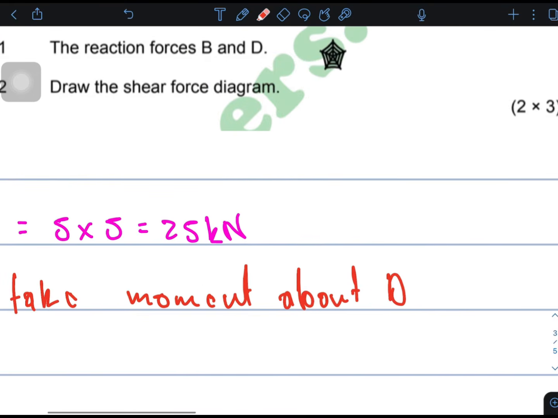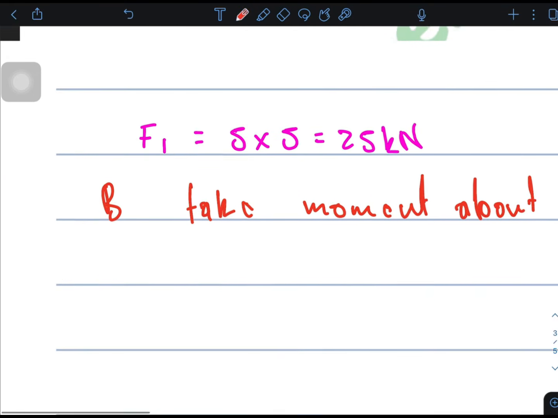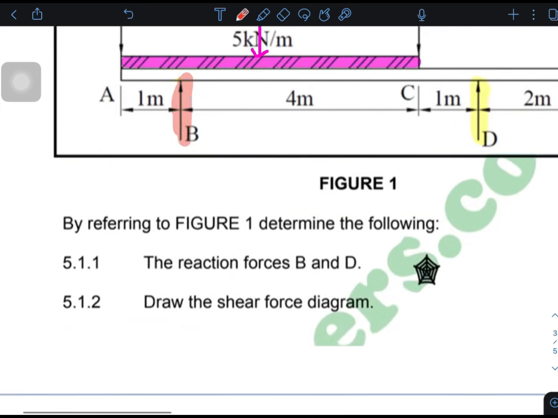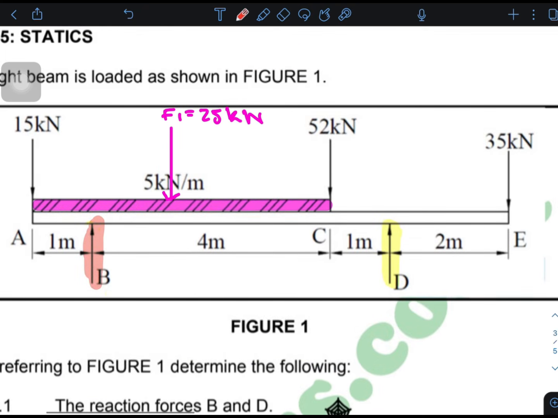So we're going to apply the law of moments: the sum of the clockwise moments is equal to the sum of the anti-clockwise moments. If D is my turning point, I need to look at which forces are going to turn this beam clockwise.